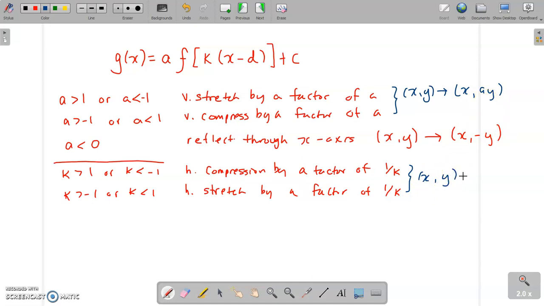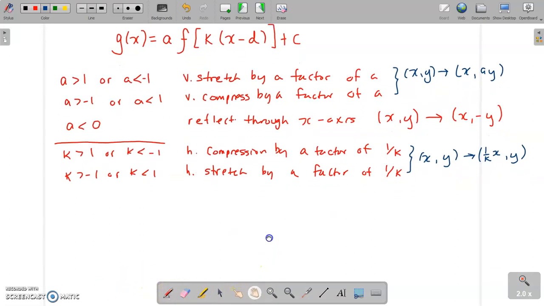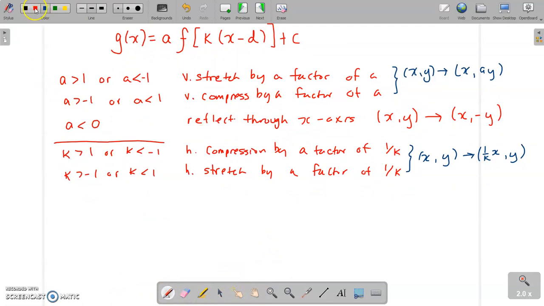It's transformed by 1 over k. And similar to the a value, when your k is less than 0, then you reflect through the y-axis. So you've got your original coordinate x, y, transformed would be negative x, y.